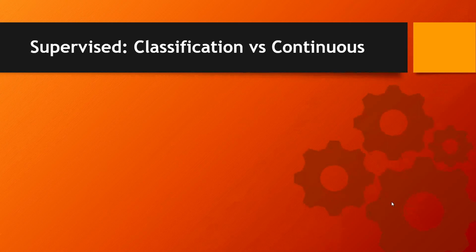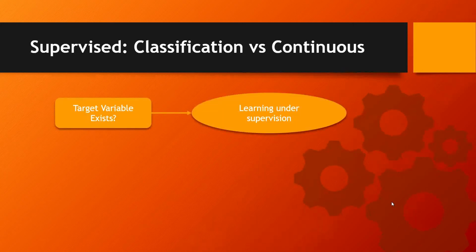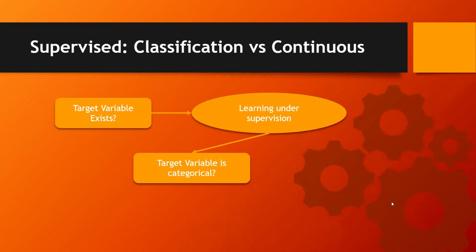Now, even supervised learning can be further broken down into two types of problems. If the target variable is categorical, or the target variable takes a finite number of values, it is called a classification problem. One of the examples can be fraud detection.